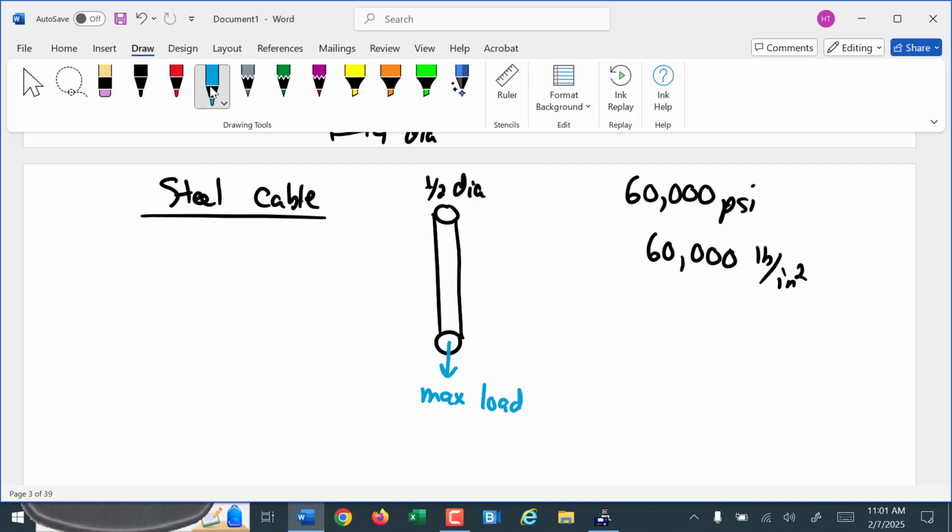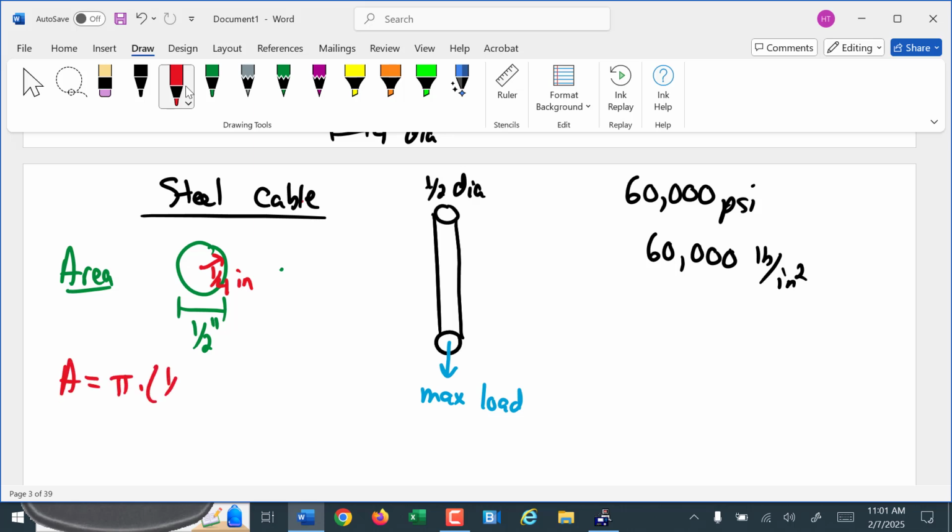And of course, to do that, we have to find the area of the cable. So again, it's a 1/2 inch diameter. The radius would be 1/4 inch. So the area is pi times 1/4 squared.